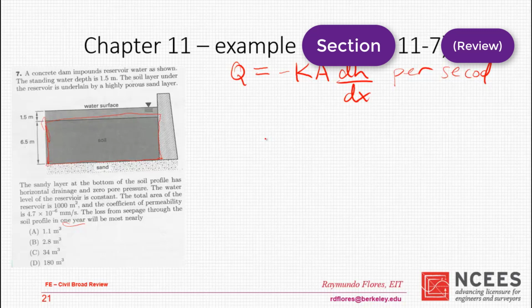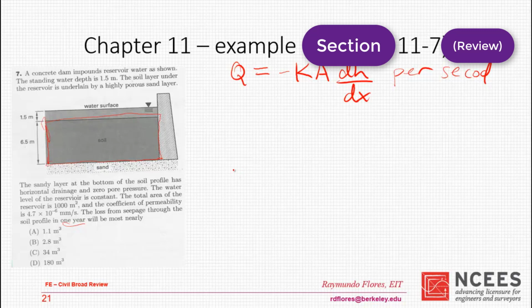It's going to be 31,104,000 that we're multiplying by, because that's how many seconds there are per year.